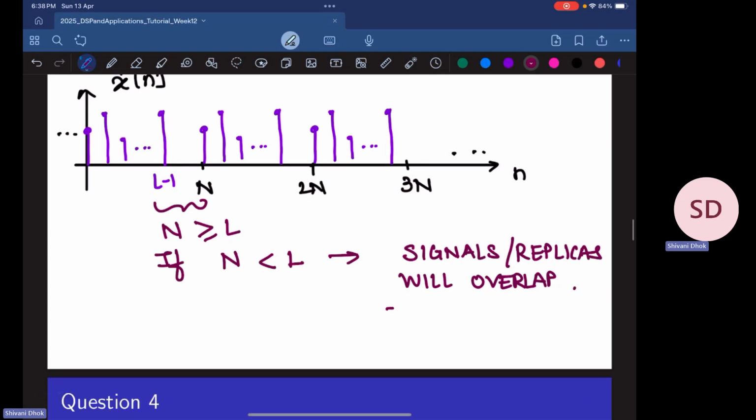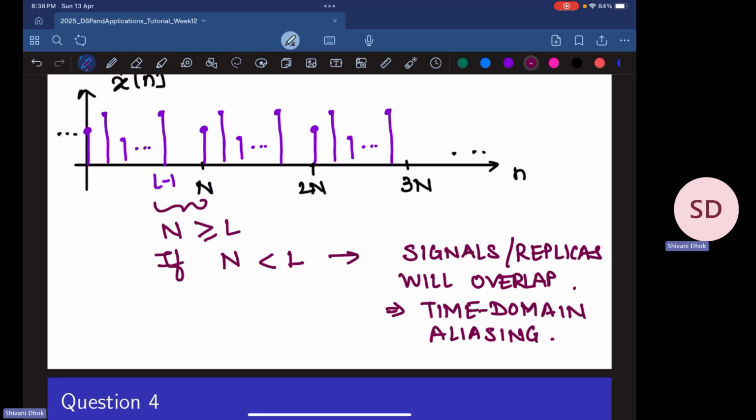This will give me time domain aliasing. This phenomenon happens when we sample in frequency domain, that is when we move from DTFT to DFT. Exactly the same thing is happening. That's why we get replicas in time domain when we are finding the DFT.